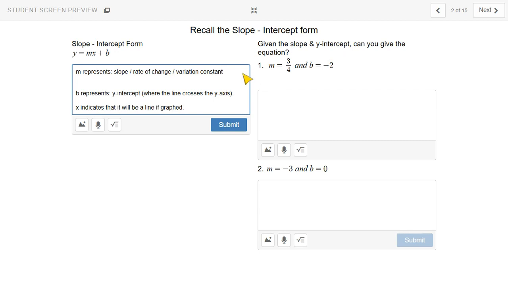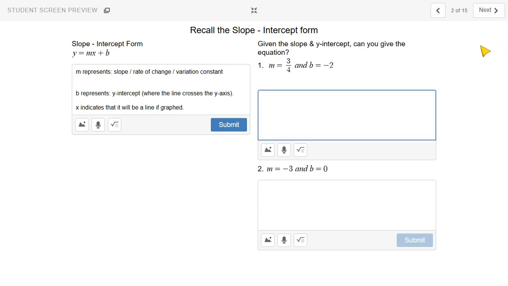So let's say that we were given the slope and the y-intercept, and we were asked to give the equation of the line. So notice the m and the b, these are both numbers, so we can substitute the numbers in. So if I have m is equal to 3/4 and b is equal to -2, we're going to be inserting that into our equation.